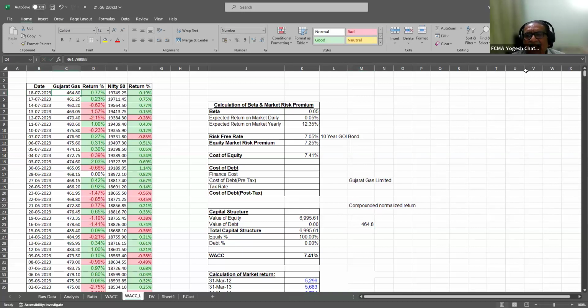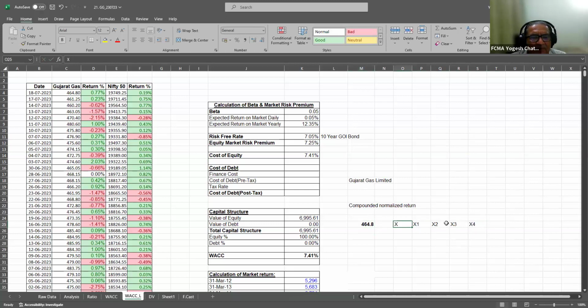Now, when the share market is open, equity will open at X price, then there will be several changes during the day, like X1, X2, X3, X4. So this is infinite, this is continuous. And at the end, that will end at 464.80.